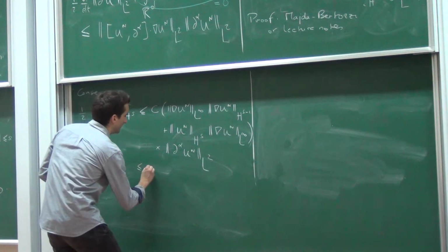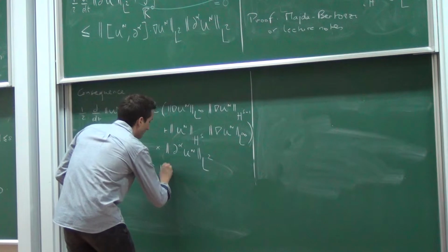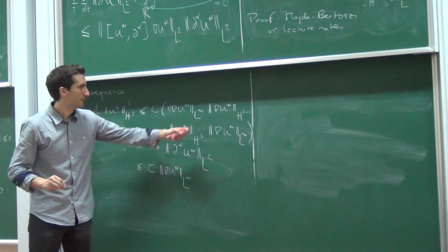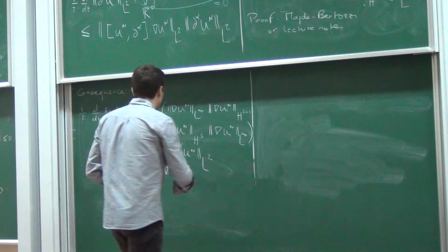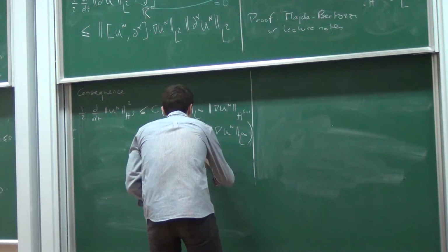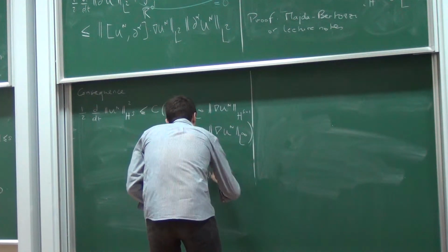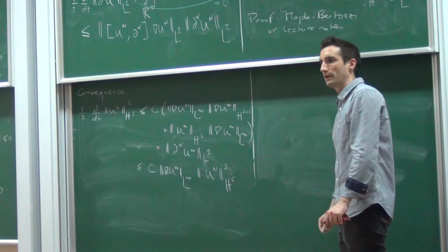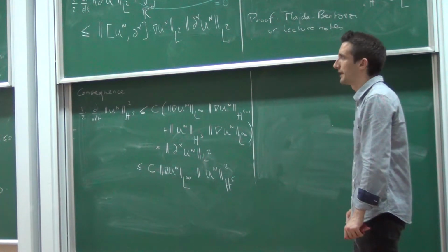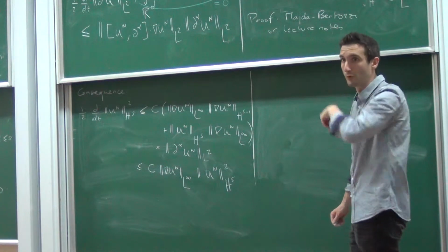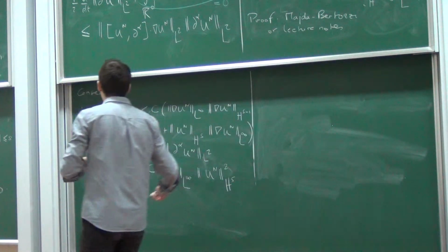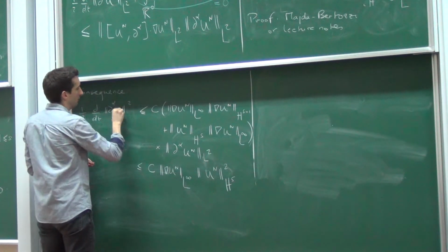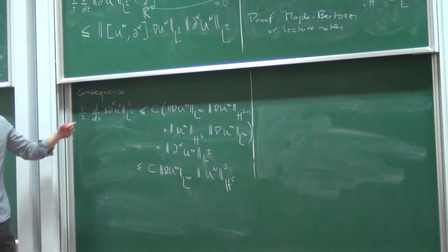So this is less than a constant times the norm of the gradient of un in L infinity, and all of the guys I can control by the norm of un in Hs squared. Alright. So that's the right hand side that appeared in the proposition. Sorry, this is d alpha un in L2. Okay?